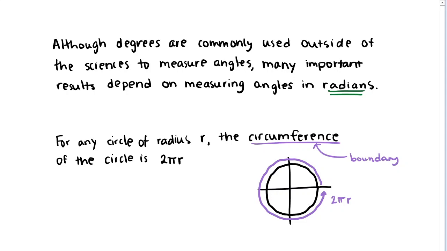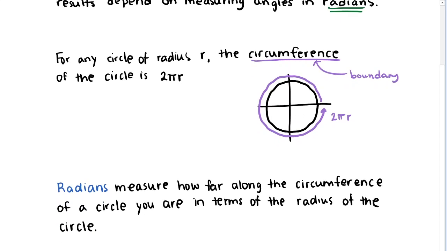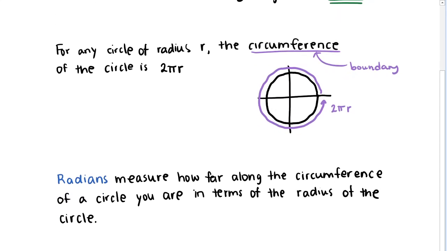And so this idea of radians is one that we're going to be constantly using in this class, and one that I really encourage you to get more comfortable with and use over degrees. Radians are a measure of how far along the circumference of the circle you are, in terms of the radius of the circle.